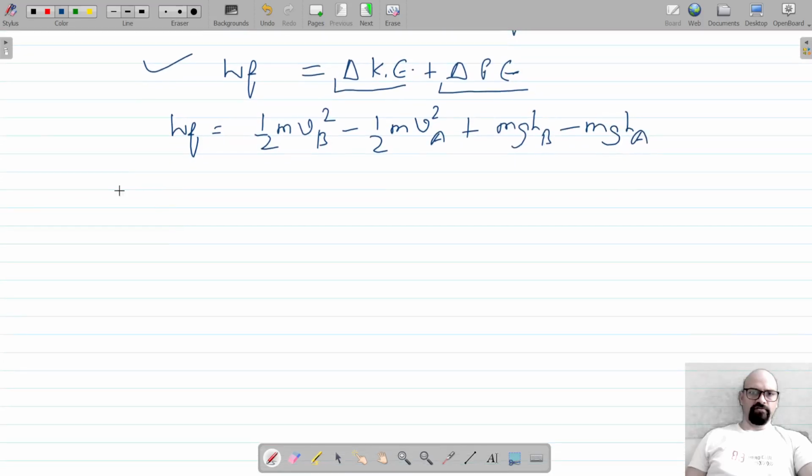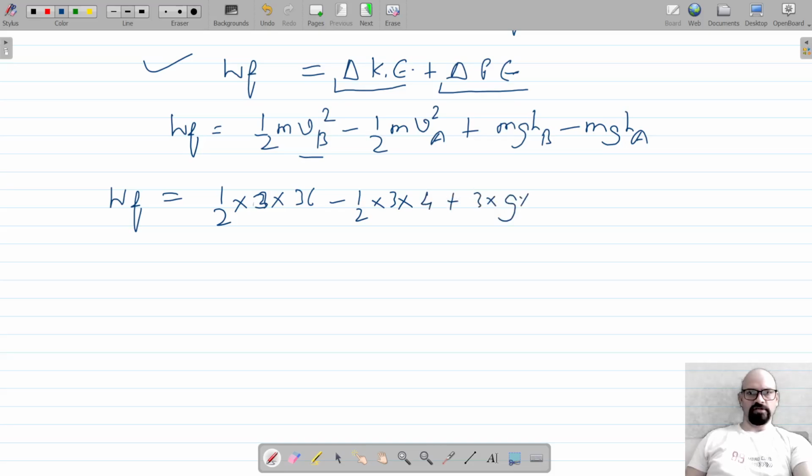If we replace these values, the work done by the force of friction is equal to half into 3 into the velocity at B, which is 6, so 6 squared is 36, minus half into 3 into the velocity at A, which is 2, so 2 squared is 4, plus 3 into g into the height at B, which is 1, minus 3 into g into the height at A, which is 4.